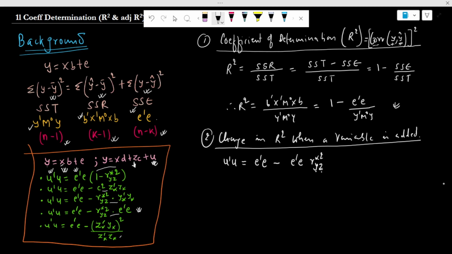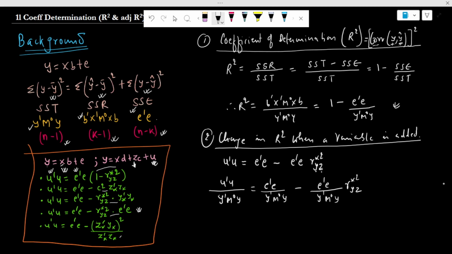Now to this expression, let us divide both the sides by the sum of the square of total variation in the dependent variable y. So this is the sum of the square of the residual when we add an additional variable, divided by the sum of the square of the variation of the dependent variable.